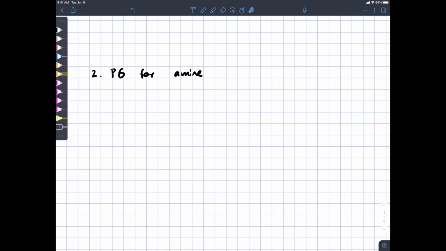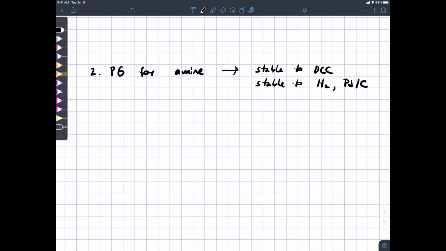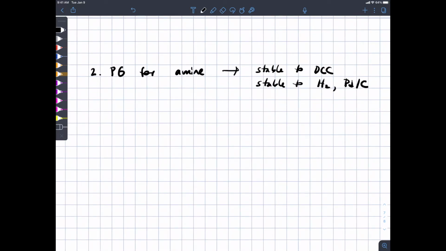We want the requirements here. It's got to be stable to DCC. It also has to be stable to hydrogenolysis conditions, but it has to be easy to remove. And so the choice is tert-butyloxycarbonyl, or BOC.